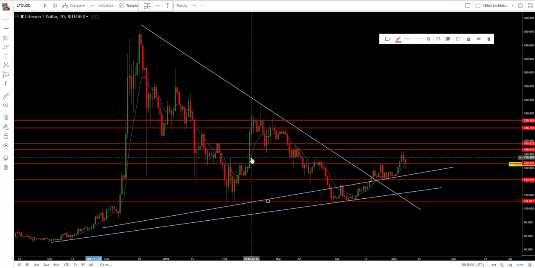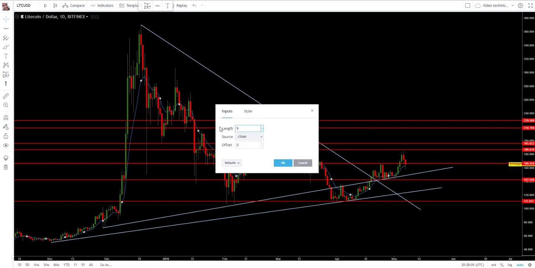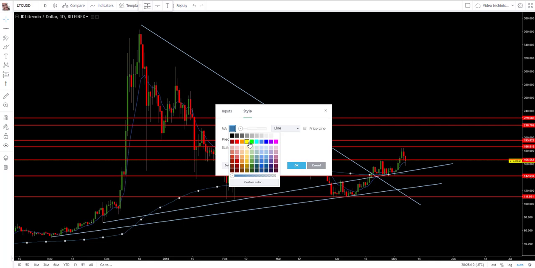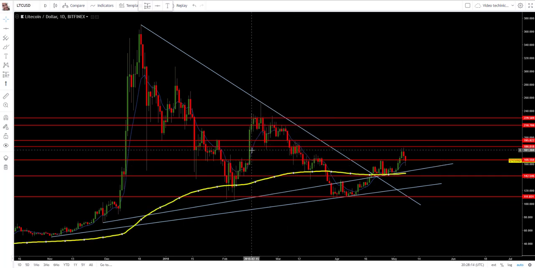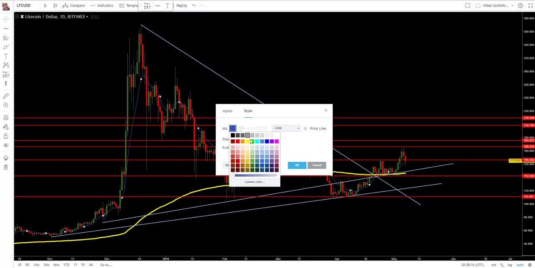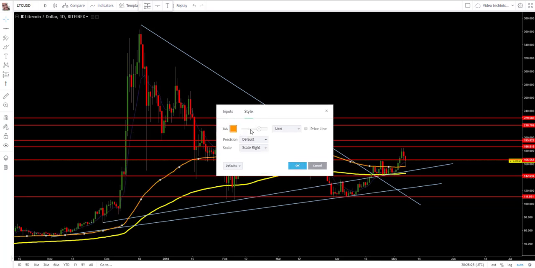Okay, first one is the 200 exponential moving average. I'm just going to modify here the 200 moving average. I put it on yellow normally, and I make it thicker so I can recognize it. Then I use the 100 moving average. It's the 100 moving average here, and I try to make it thicker as well.